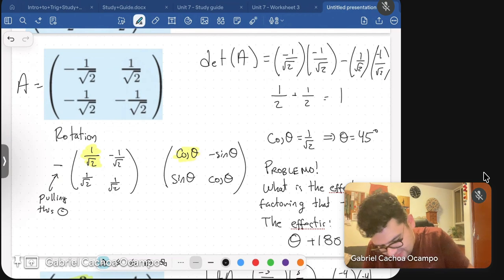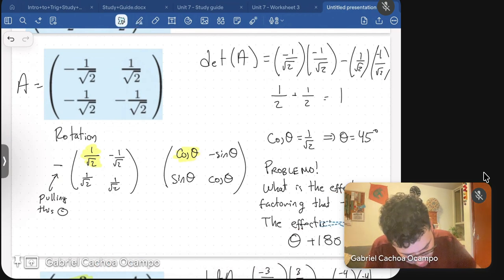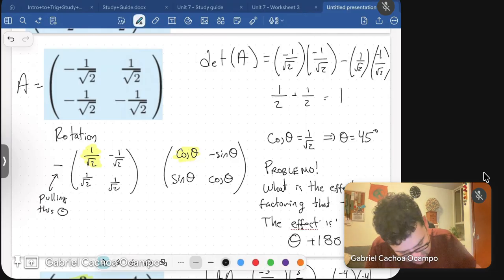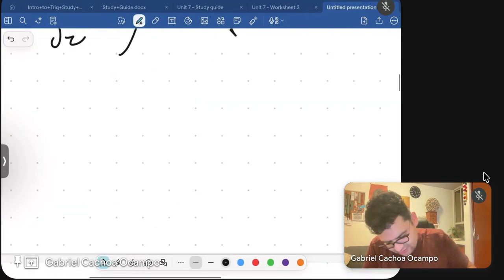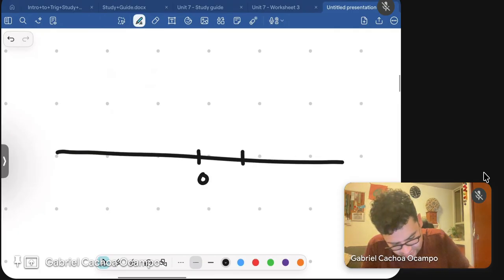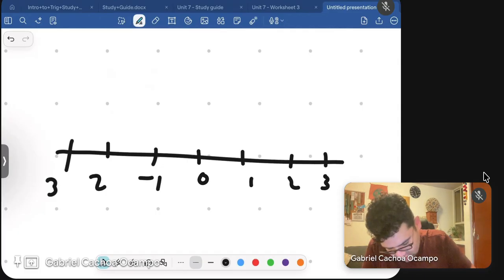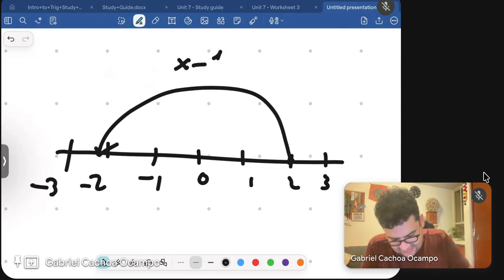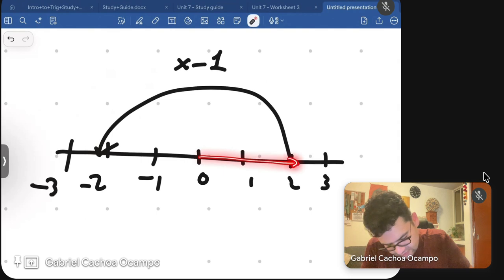And that has a very interesting explanation. Imagine this: 0, 1, 2, 3. What happens when you multiply 2 by negative 1? When you multiply 2 times negative 1, it makes a rotation of 180 degrees. This movement was a rotation of 180 degrees.